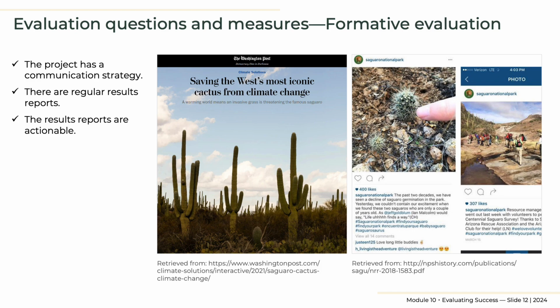Does the project have a communication strategy for disseminating results to stakeholders? Does the project report on results on a regular basis? Are results being reported such that they can be used for management and conservation? And from Module 10, this module on evaluation, are project outcomes being assessed and measured?